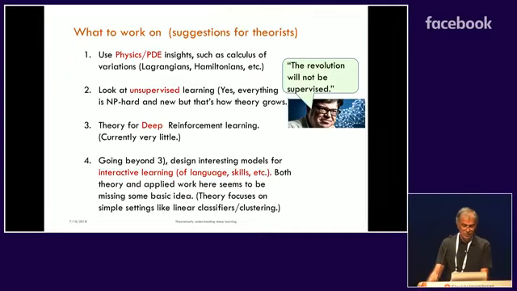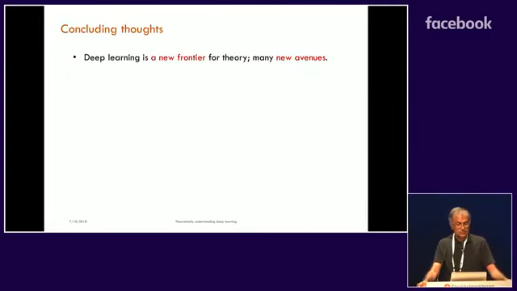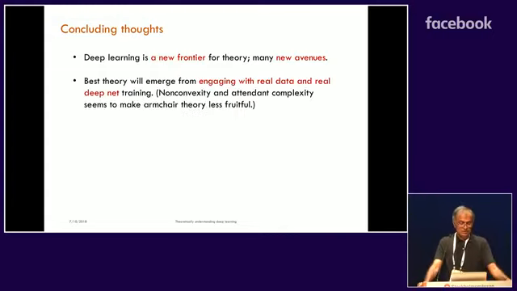So, to conclude, deep learning is a new frontier for theory with many new avenues. The best theory will emerge from interacting and engaging with real data and real deep net training. Maybe this is more a message for theorists, because in the past, for SVMs and other convex models, one did not need to do the experiments as much.